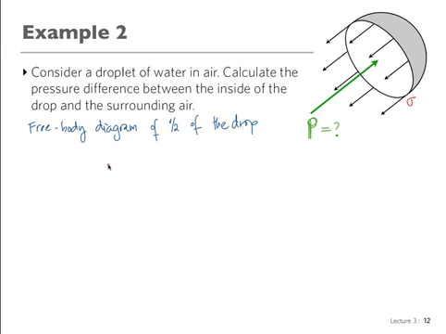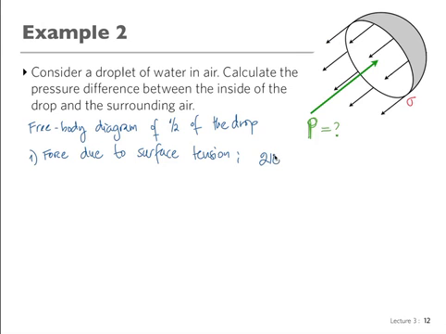So what we have for the force due to surface tension is, well, the line along which surface tension is acting is just the circumference here.